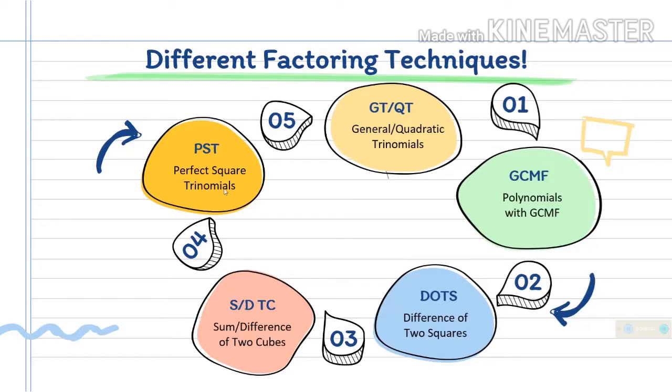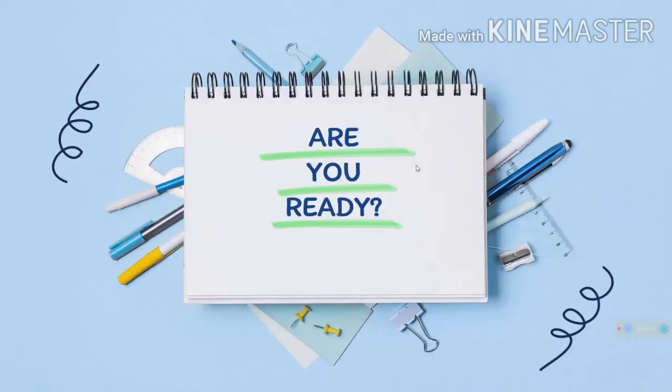The fourth one is PST, or factoring perfect square trinomials. And the last is GT or QT, or factoring the general trinomials or quadratic trinomials. Are you ready?